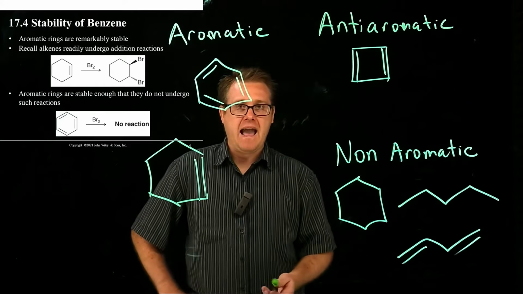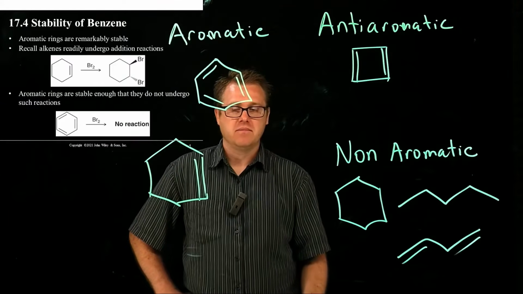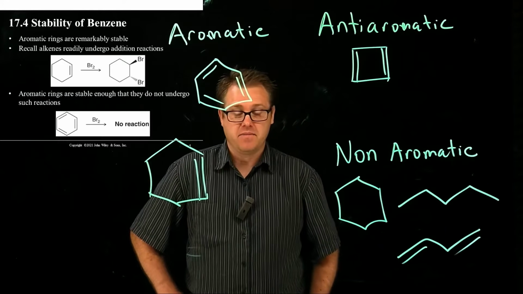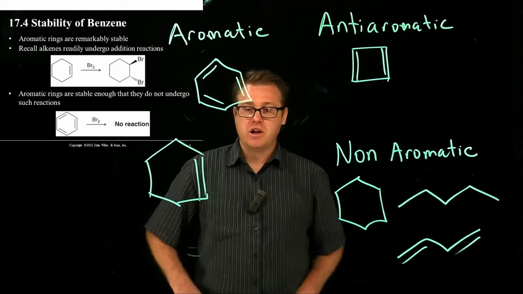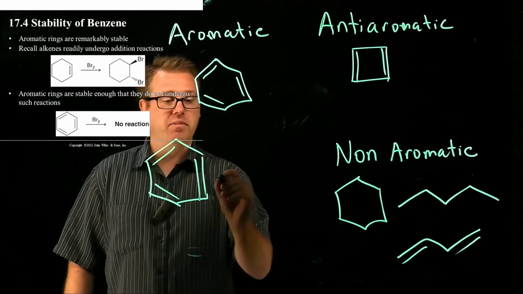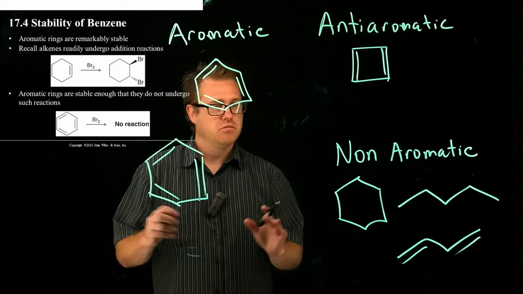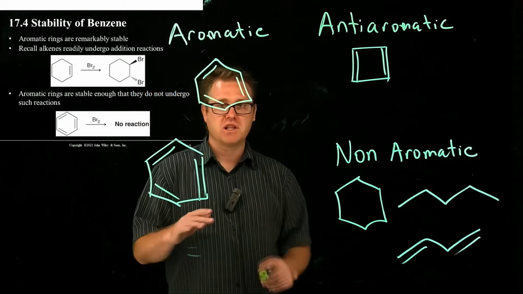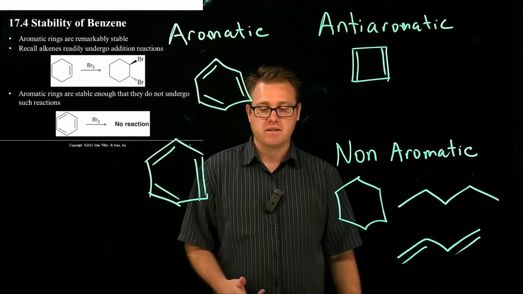Do you see how it reacts with the bromine in an addition style? That's to be expected. But if you took that and treated it with benzene, nothing happens, because benzene is so stable, it doesn't react.